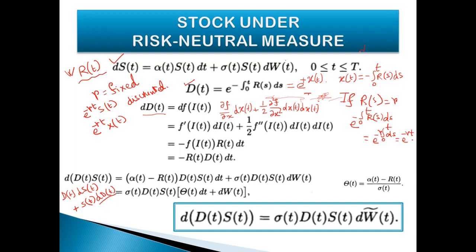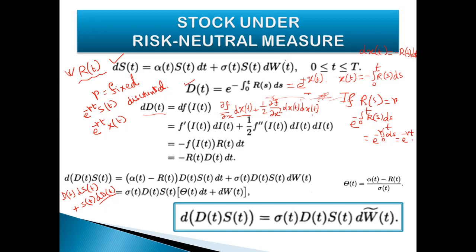So what will be dx_t? dx_t will be minus r_t dt. So when we have this dx_t, dx_t is minus r_t dt.